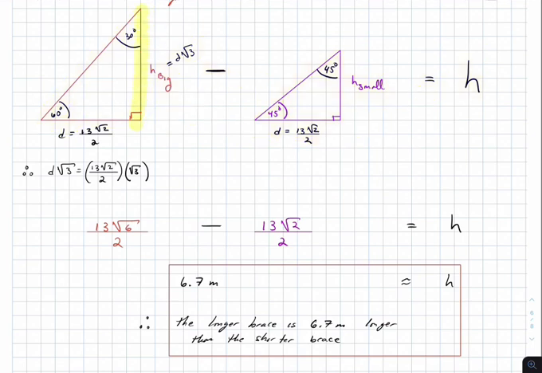This height minus this height will give me this height here. Okay? And that's what we're all about. So, very quickly, if it's just d times root 3, well, it's just this times root 3. Well, that's easy. And then the square root of 3 times the square root of 2 is the square root of 6. And the square root of 6 is not going to be reduced at all, right?